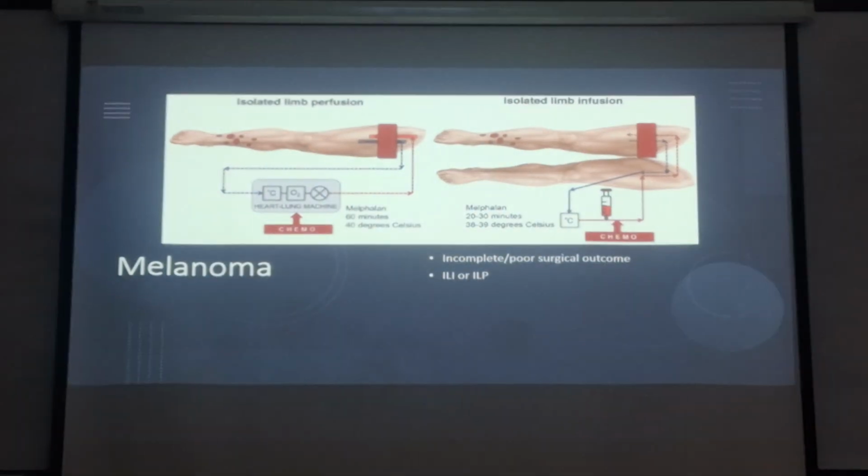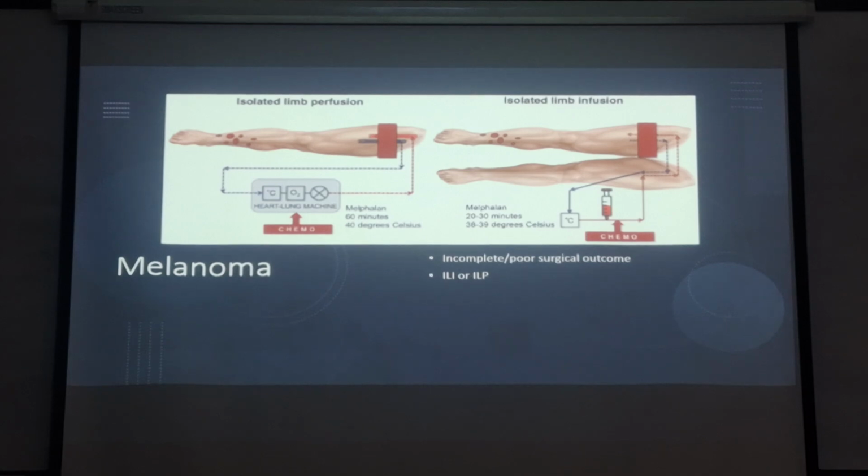There are some patients who might not be able to tolerate systemic chemotherapy for melanomas after excision. So you can resort to isolated limb perfusion or isolated limb infusion. What is done here is a vascular catheter is inserted into the artery and the vein of the limb in concern.